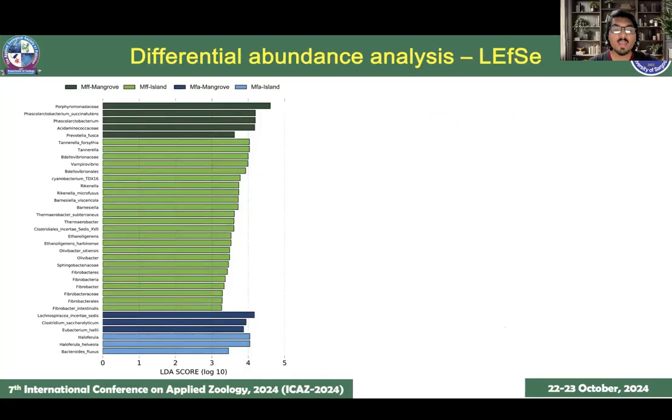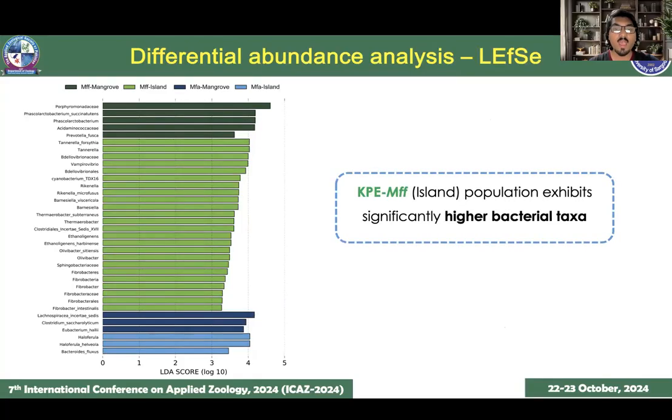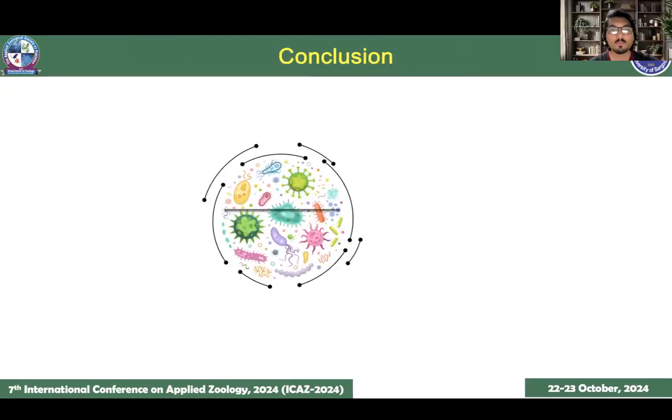Moreover, the LEfSe analysis revealed that the MFF island population exhibits higher bacterial taxa as compared to the other populations of the MFF and the MFA at mangrove and island populations.